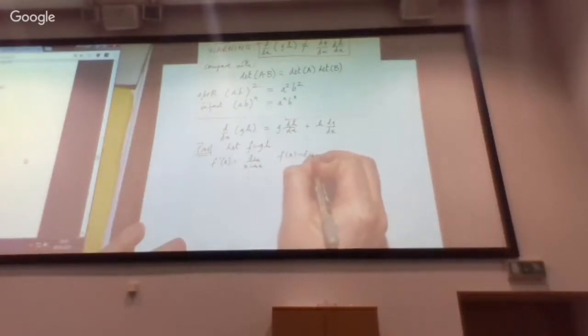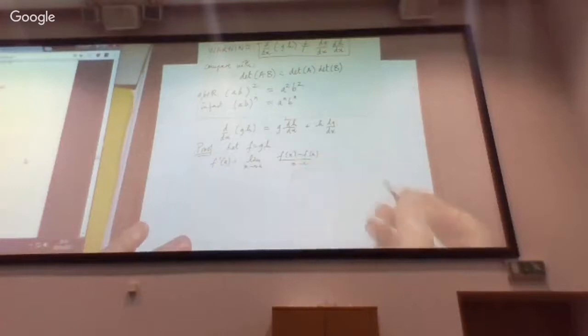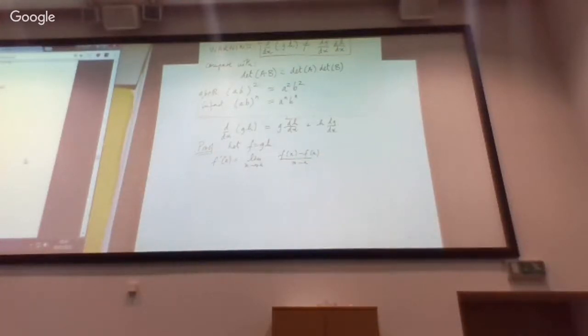We just repeat the definition of the derivative. So the derivative of f is the limit of f of x minus f of a divided by x minus a. Then we put in the definition of what the function f is. Function f is just the product g times h.